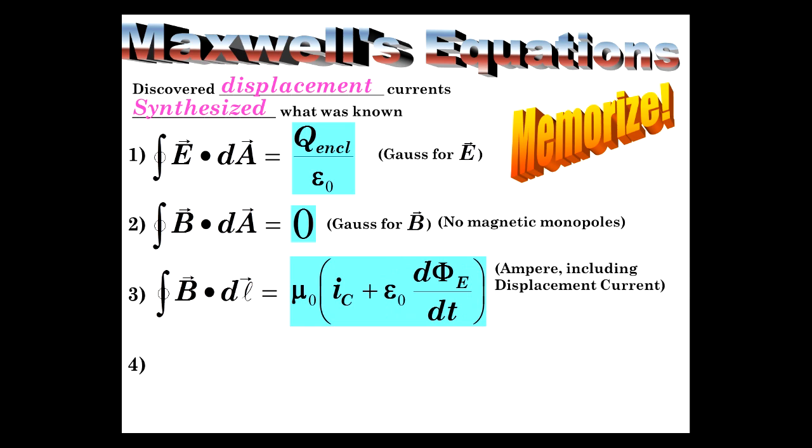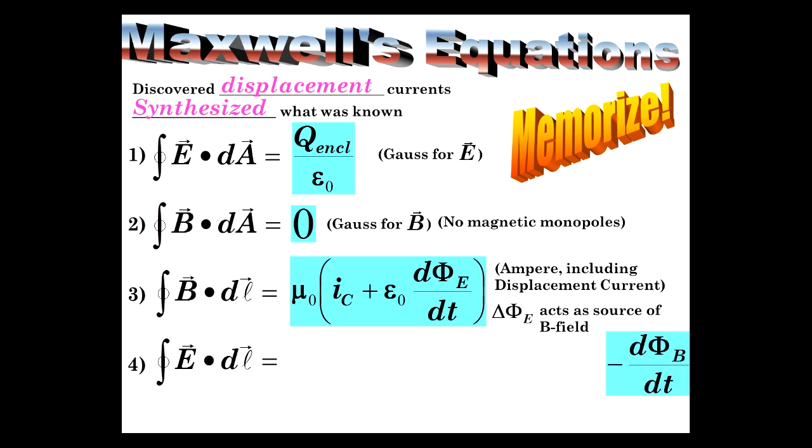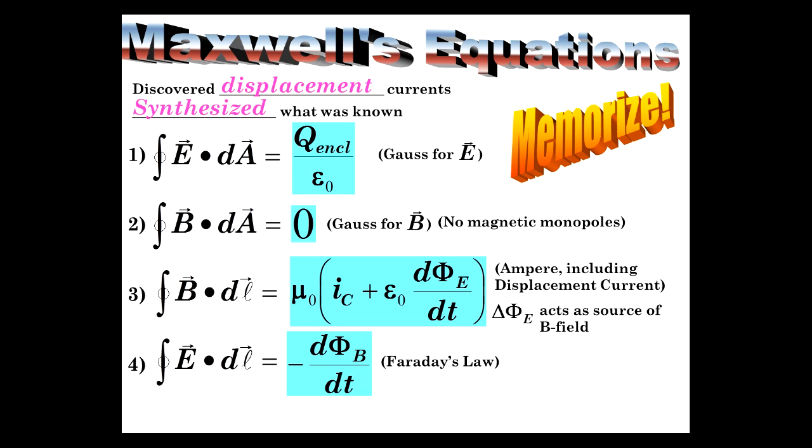So Ampere's law including displacement current, where the change in electric flux acts as a source of B field. And then closed integral of E dot dL, which is minus d phi sub B dt, which is Faraday's law. And a changing magnetic flux induces an E field in the surrounding region. That E field is not conservative. So that is a summary of Maxwell's equations.